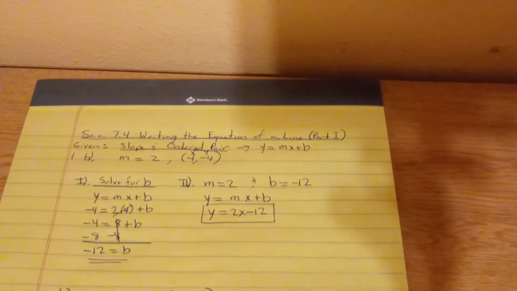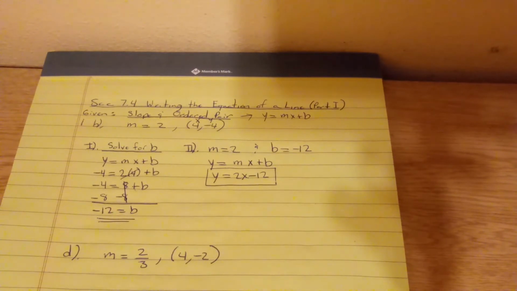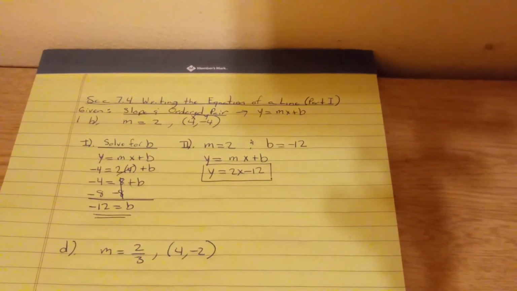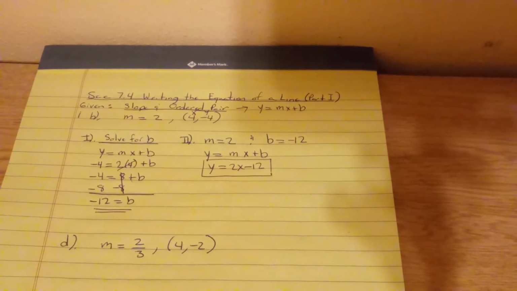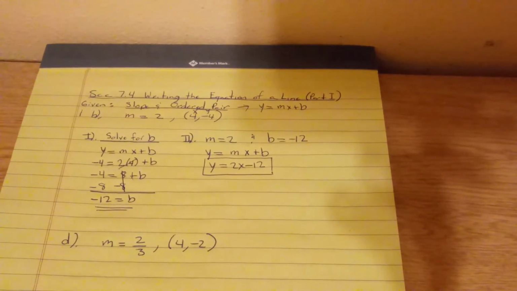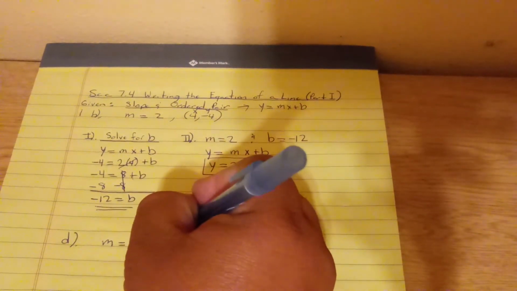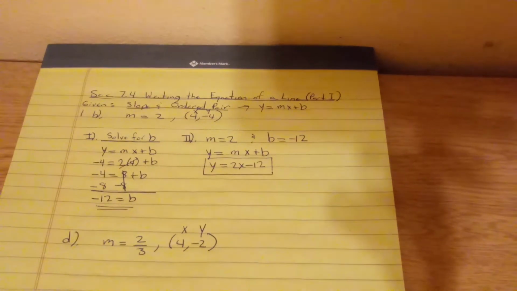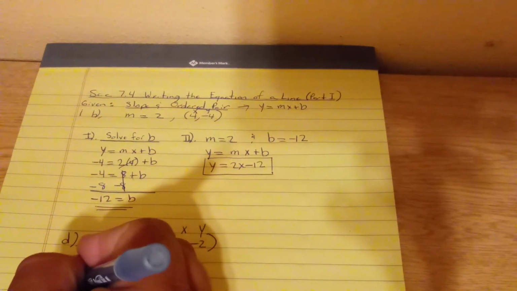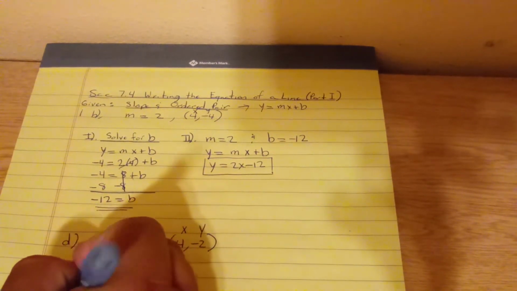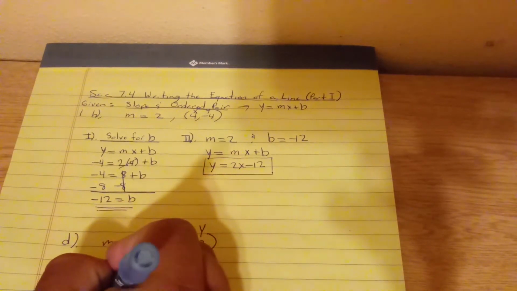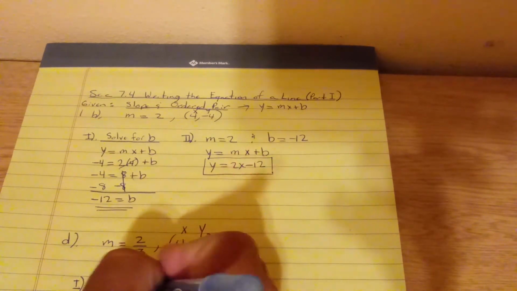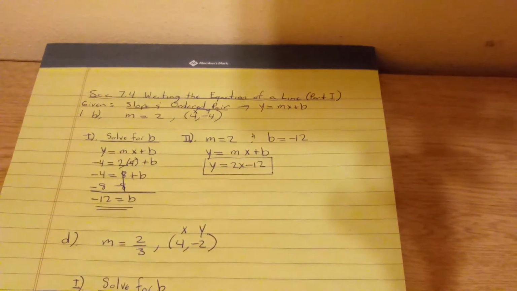Let's try another one. Let's take a look at one with a fraction. In this particular case, we have a slope of 2/3, and we have an ordered pair of (4, -2). Once again, this is going to be your x, and this is going to be your y. So we're going to substitute that into the y = mx + b format to solve for b first. Remember, that's the idea here.